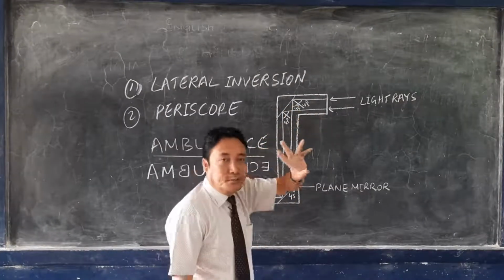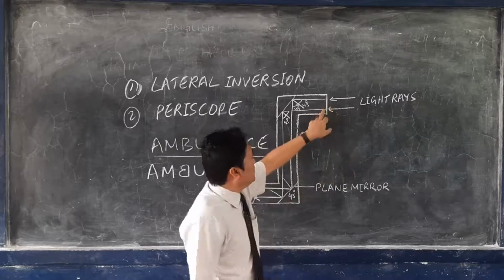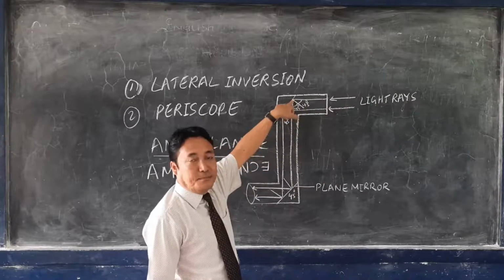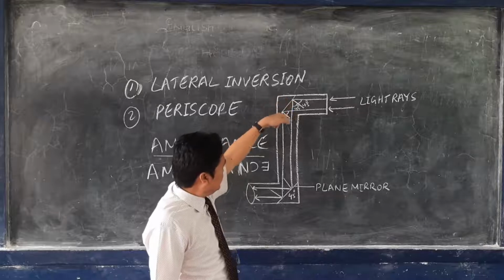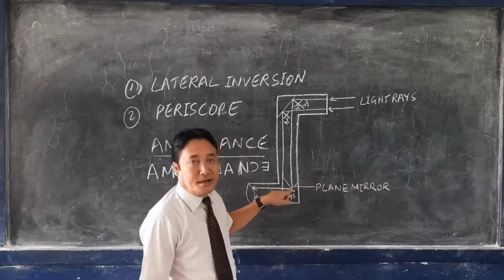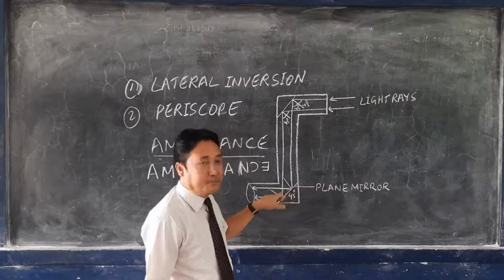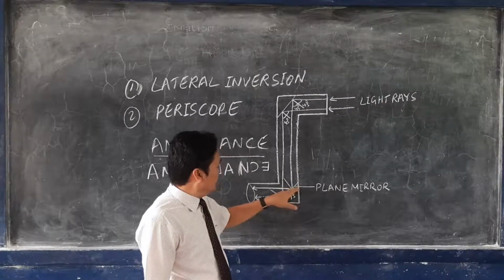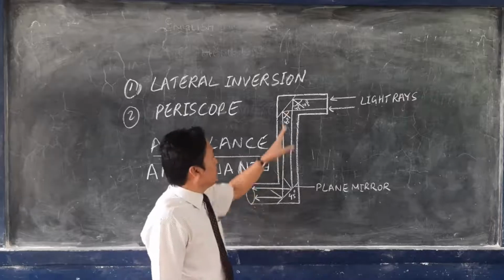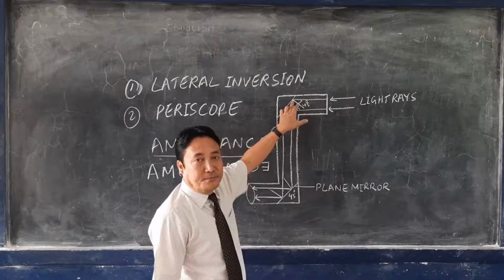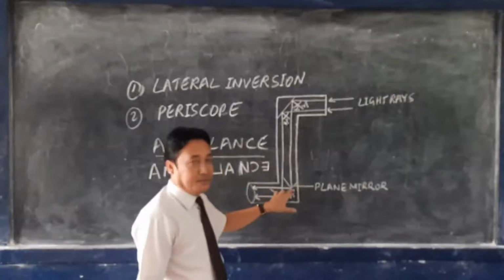Two rays of light are drawn here, 1 and 2. One ray of light strikes one plane mirror, then this light gets reflected. Then again it falls on another mirror, which is kept at the base of this box, and again another reflection takes place. That means the reflection takes place 2 times here, once from one mirror and again from another mirror.